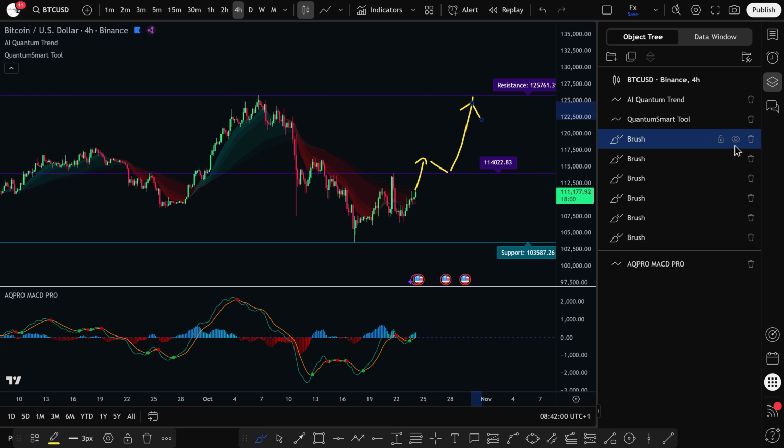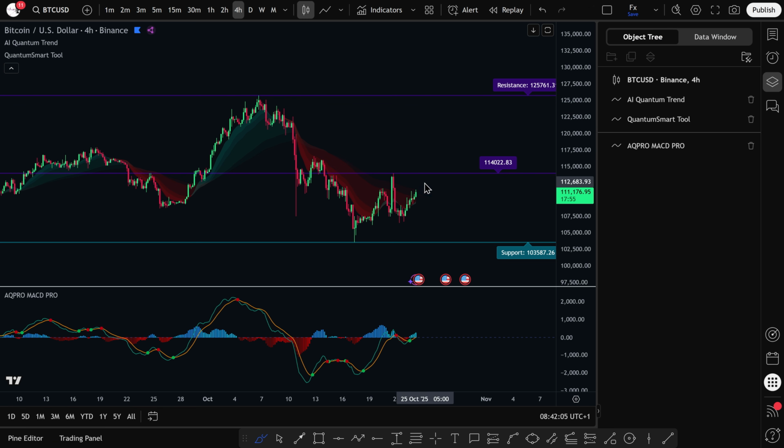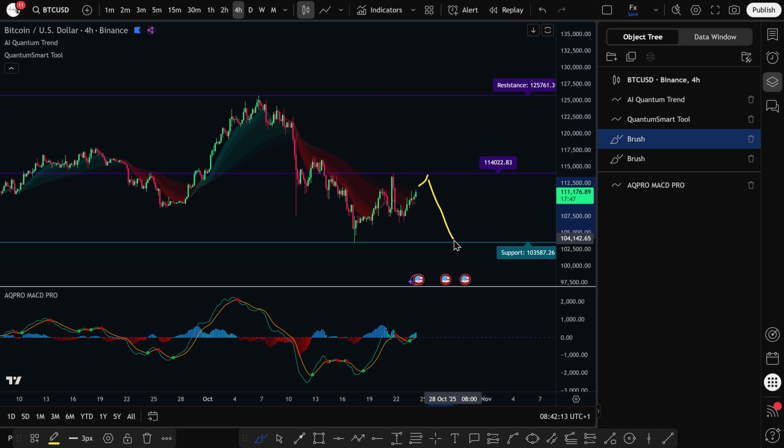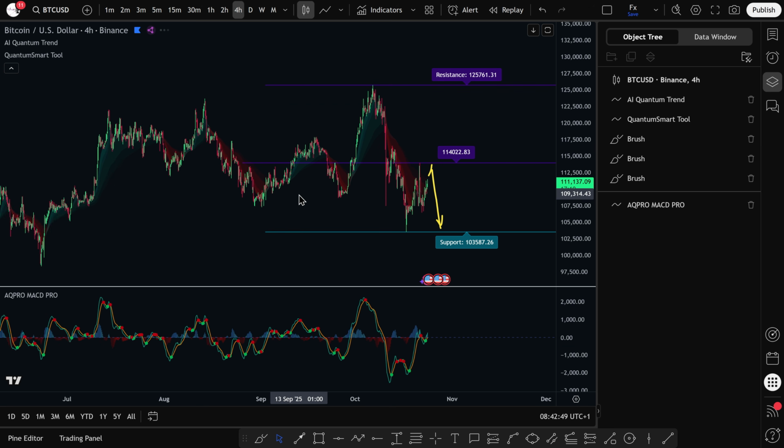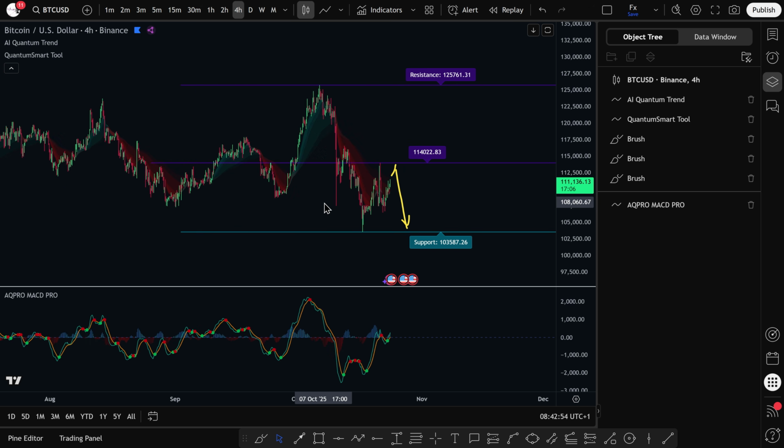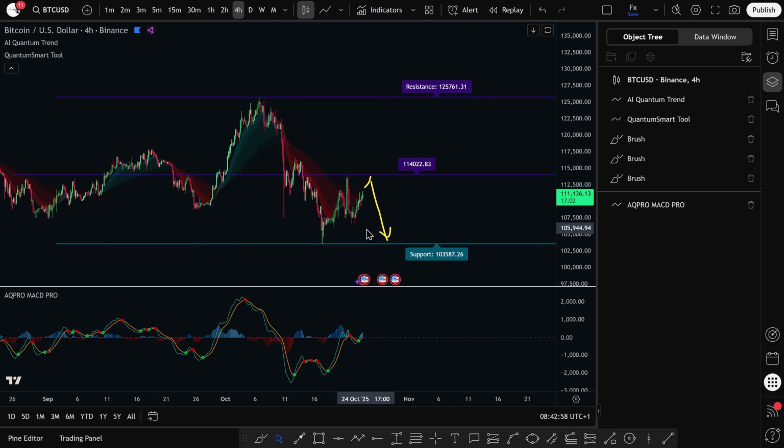However, if price fails to break above this resistance, meaning it retests and gets rejected again, then we'll likely see a deeper pullback toward the support area around 100,000 to 103,000. So to summarize the trade idea, the overall trend on Bitcoin remains bullish, but at the moment we are in a short-term bearish retracement.